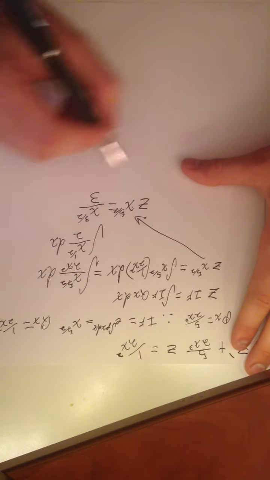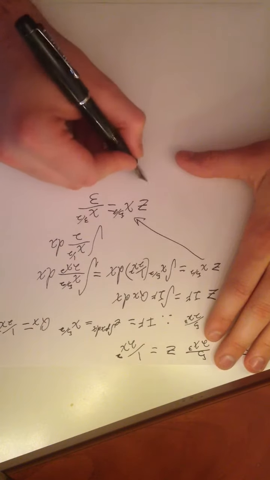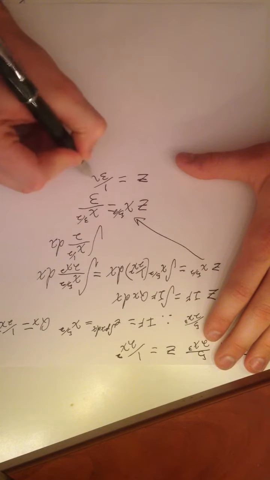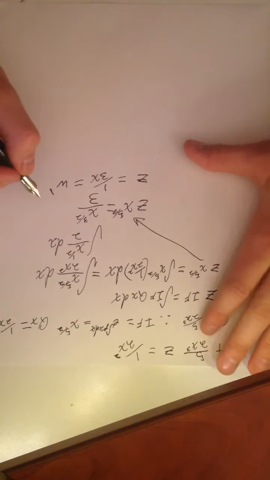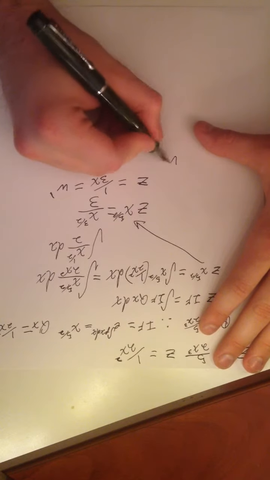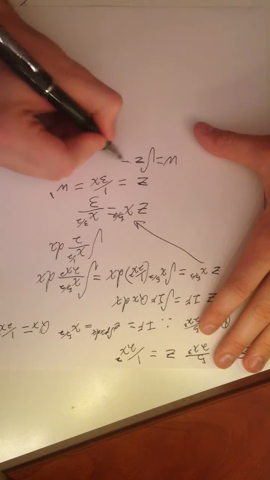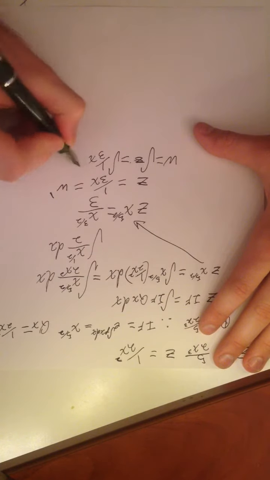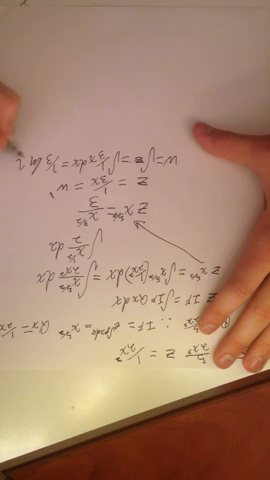Dividing the 5 halves over, we get that our z is equal to 1 over 3x, which is our w prime. Therefore, our w has to be equal to the integral of z, which is the integral of 1 over 3x dx, which is equal to 1/3 natural log of x.